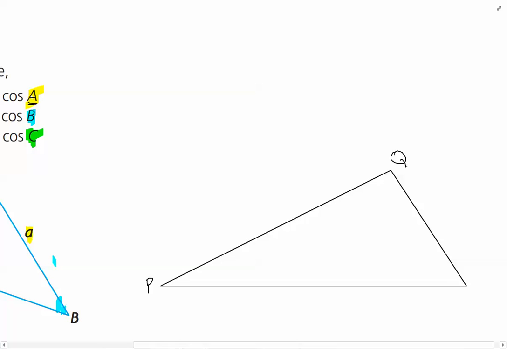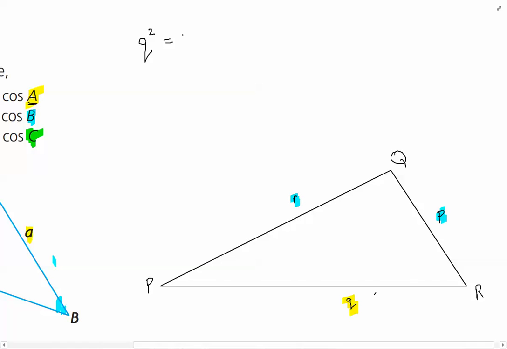P, Q, and R. So let's have side R, side Q, and side P. Let's say that I'm looking for side Q. So if I'm looking for side Q, I'm going to start with Q squared, and that's going to equal, and the other two spots are filled with R and P, the other sides.